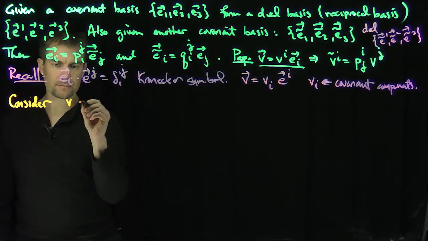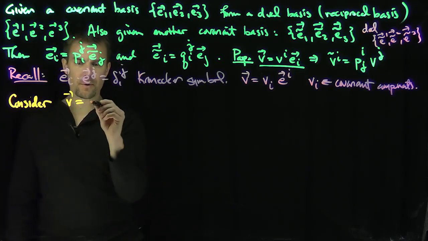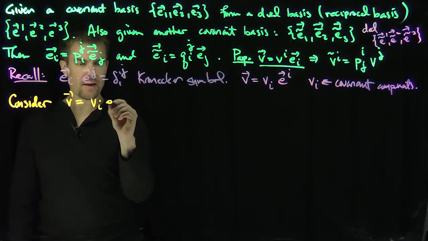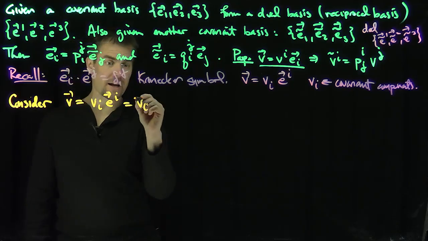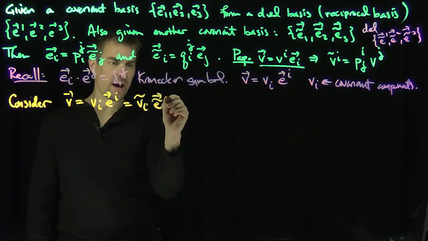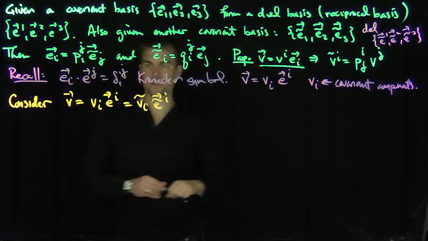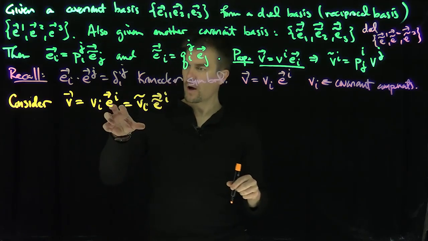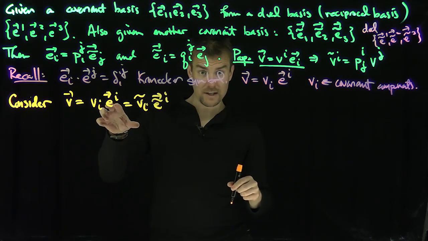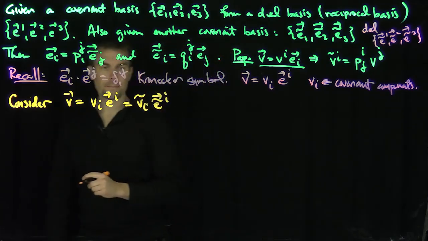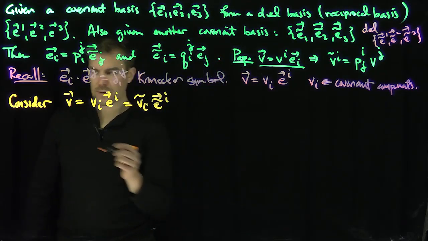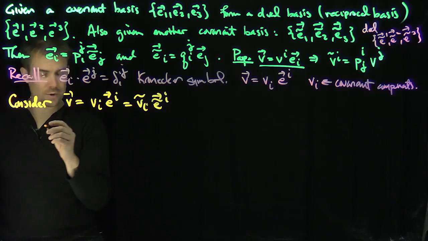Okay, so let's consider a vector V, which I can write how? A vector V can be written as Vi and then Ei upper, and it can also be written as Vi tilde E tilde i upper, like that with the tilde coordinates, right? So I can write V in terms of this contravariant basis Ei, or in terms of the contravariant basis Ei tildes. Okay? Either of those are valid. And so now let's consider, how do I compute these coefficients over here?